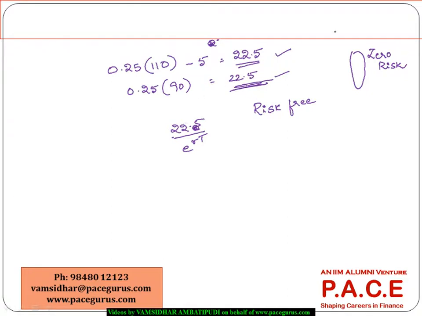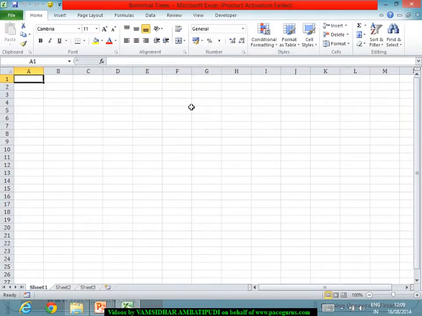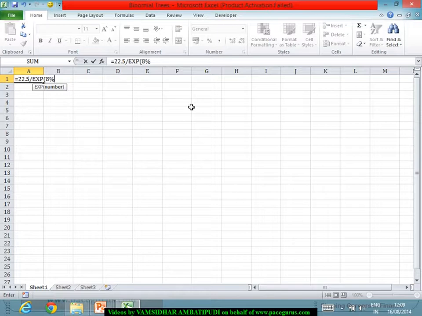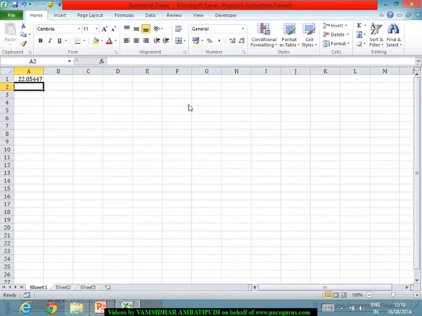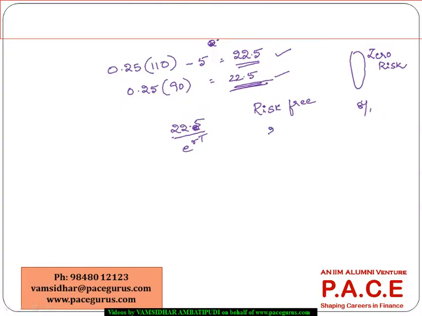If I assume the risk-free rate of return is around 8%, it's as good as saying 22.5 divided by e to the power of 8% into T, which is 1 by 4th year. So which works out to 22.054. 22.054 happens to be the present value of setting up this particular portfolio.